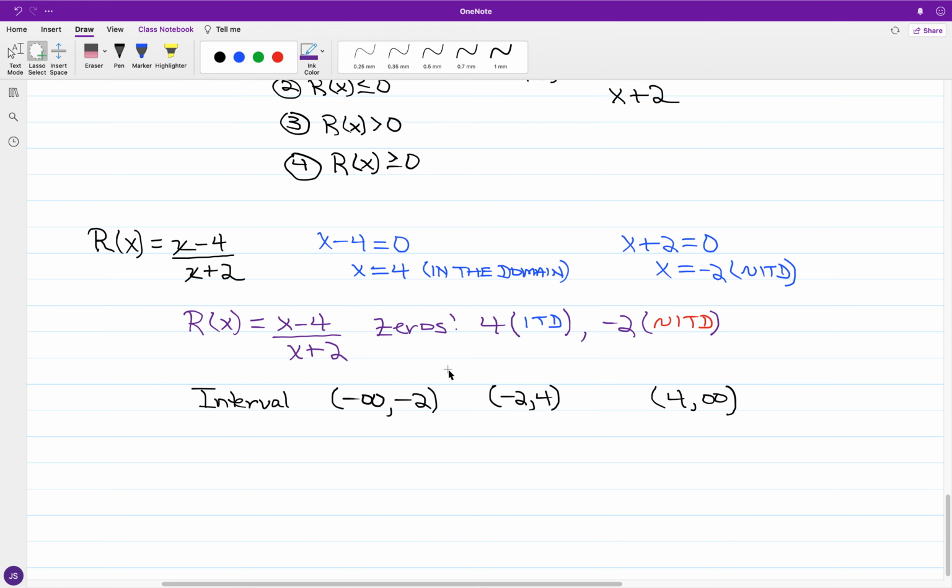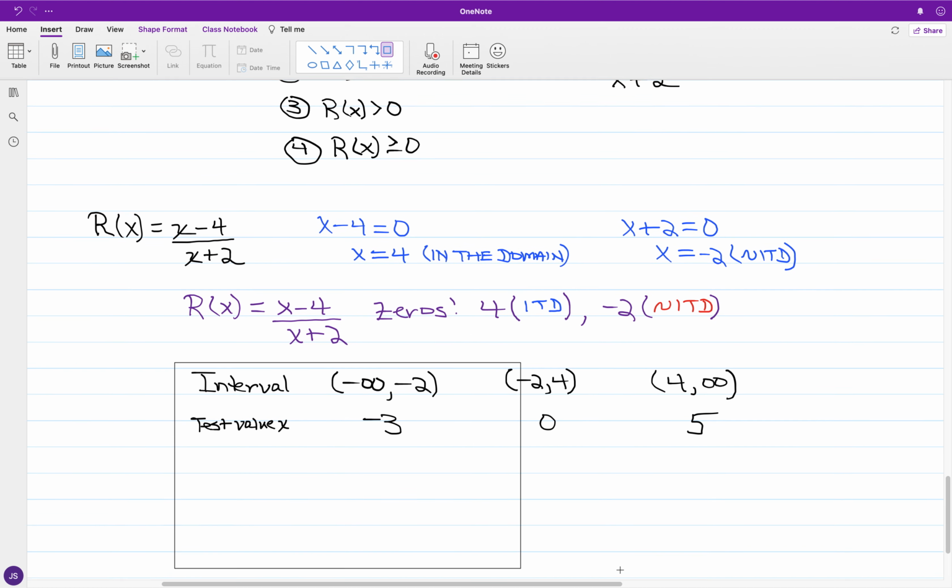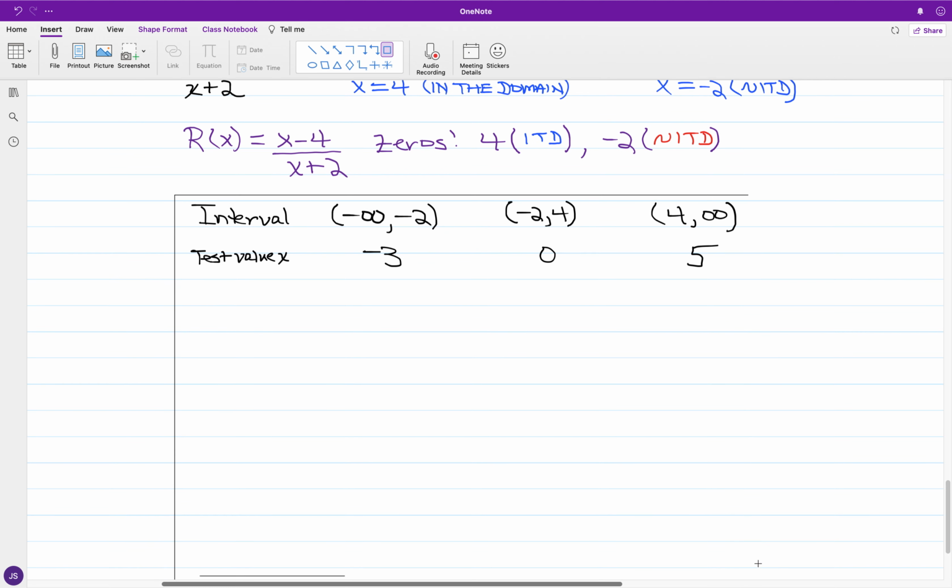If we look at supplying test values, for anything less than negative 2 we can go with negative 3. Anything between negative 2 and 4, 0 will fit the bill. And anything greater than 4, we'll go with the number 5. I'll go ahead and set up the table formation.